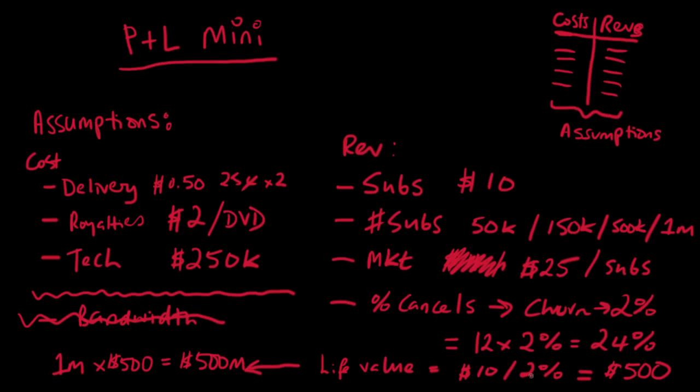So remember, we're losing 2% each month, so it's 2%, 2%, 2%, and as that goes on, but this gives us a business with 1 million customers worth $500 million. So pretty good business again. I'm liking the way this business is shaping up already. So these are some of the core assumptions we're now going to plug into our spreadsheet.